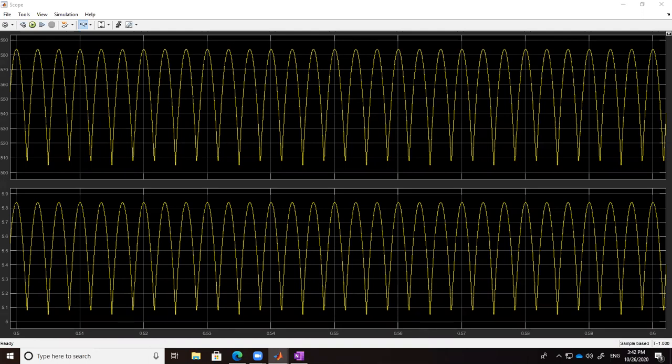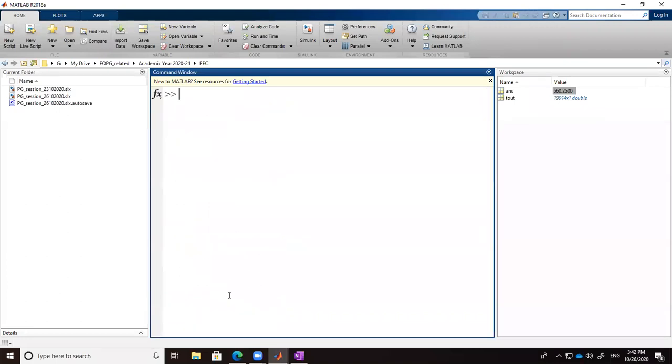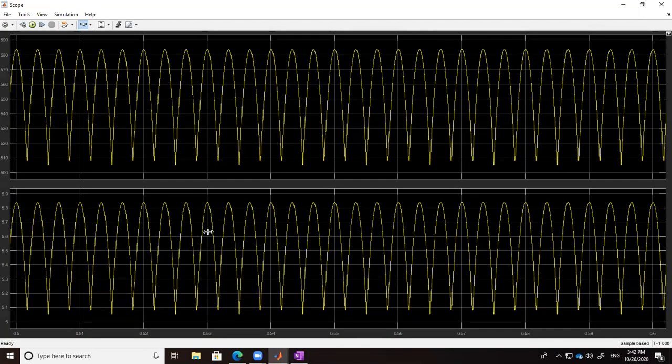So it's very simple. 1/50, that is 0.02, or you can say 20 millisecond. So for 50 hertz, the time period is 20 millisecond.